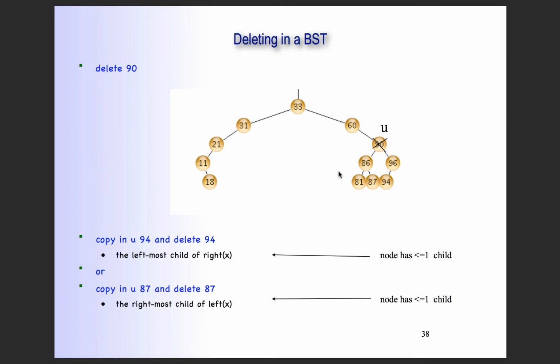These are the two different ways that you can delete a node which has two children and still maintain the BST conditions. You follow one of these processes.